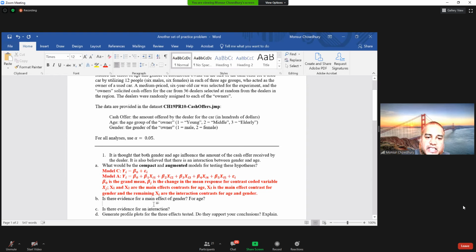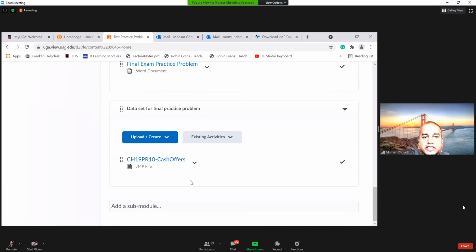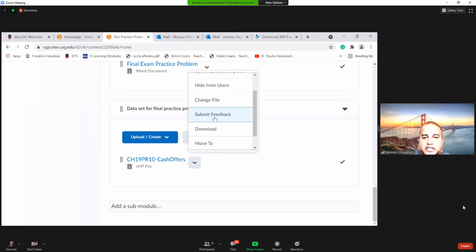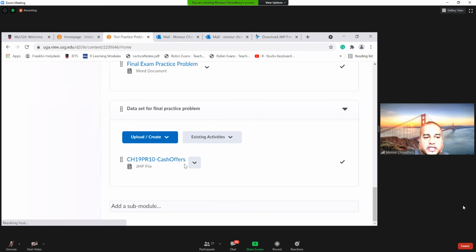Thank you, Jack. Now, is there evidence of a main effect of gender and age? If you go to this data set here, you can see we have the data, the cash offer. Download this data and open it in JMP.